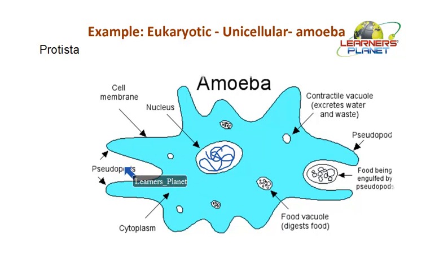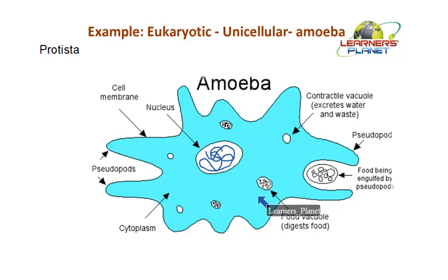Now these extensions, the finger-like projections present here, are called pseudopods. What do you mean by pseudopods? The word pseudo means false. Pods means feet. So they have these false feet to perform various functions, like engulfing the food material, or you can say it helps in the locomotion of these organisms.